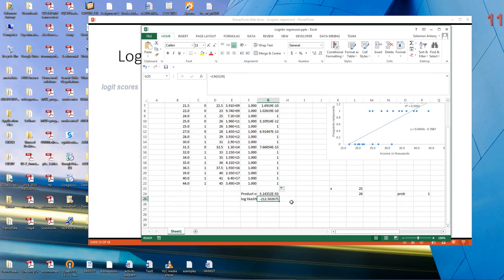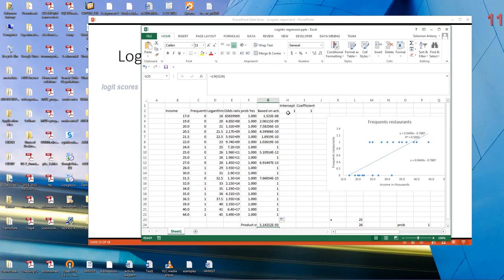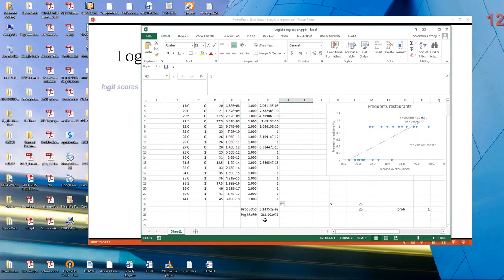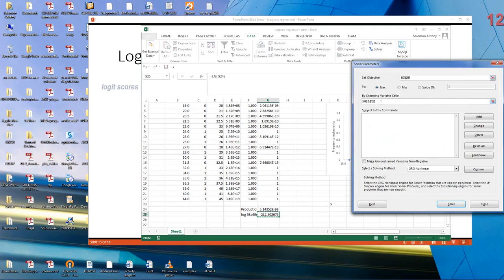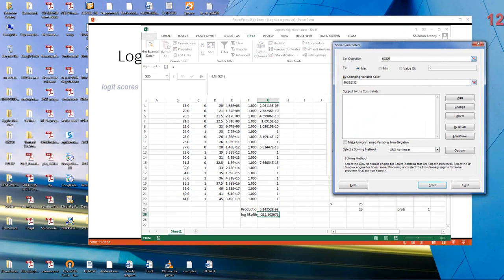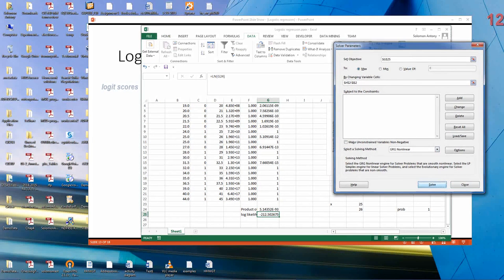Alright, so now that I have this number, I want to maximize this value by manipulating these two parts of the equation, right? So I use Excel solver, and a solver is a tool in Excel that lets you solve simple optimization problems. So data solver, and we want to set G25 to maximize by changing H2:I2, and go ahead and click solve.